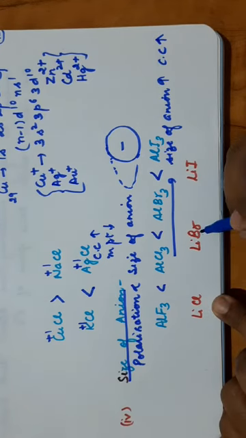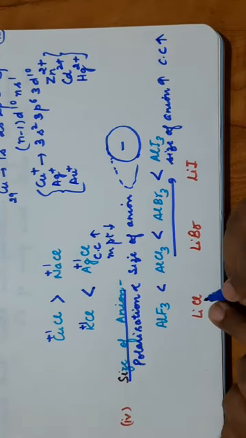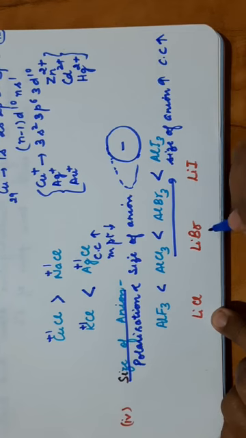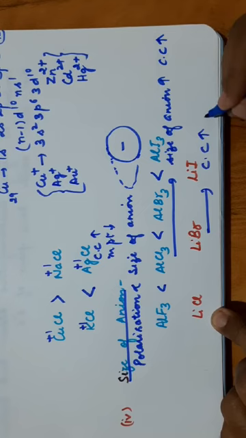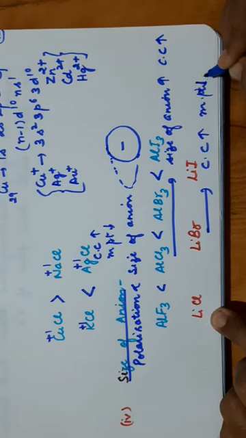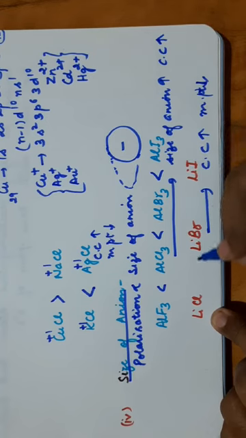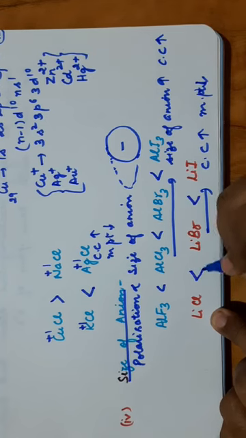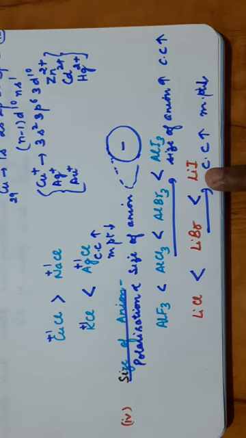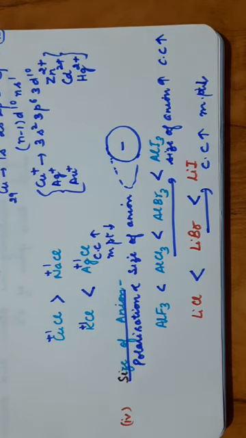Next is LiCl, LiBr, LiI. Lithium is common, Cl, Br and I. Size of anion increases, so covalent character will increase. Since covalent character is increasing, melting point and boiling point both will decrease. So this is the arrangement of covalent character.